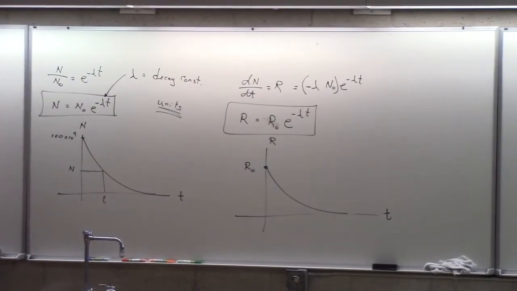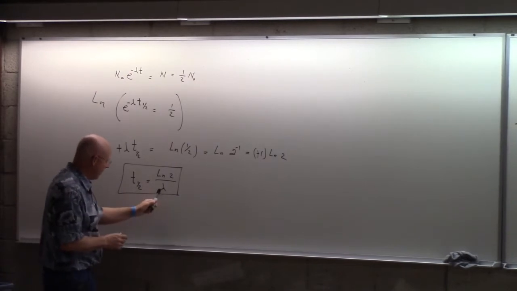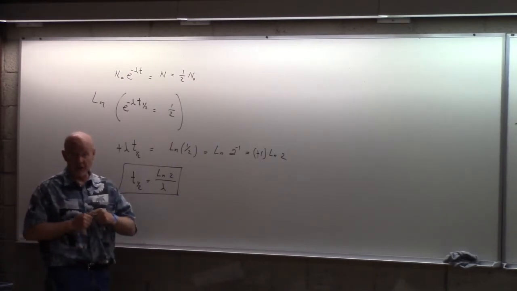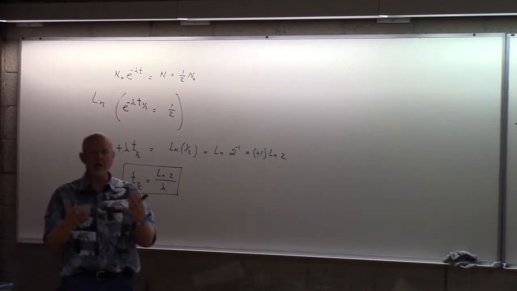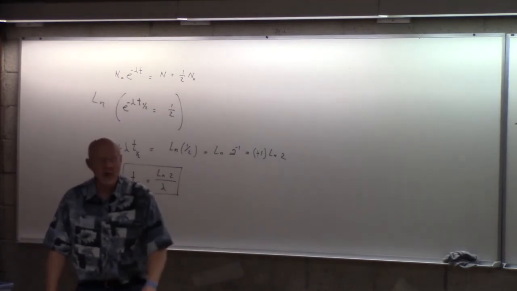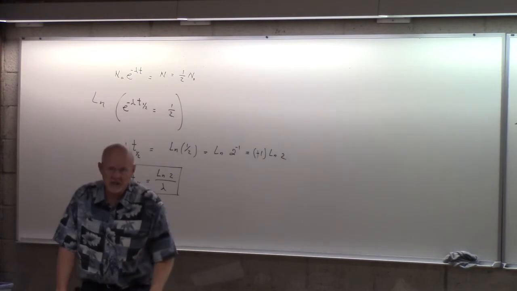And so I'm going to hopefully keep this here on the board and remind myself, okay, there is a mathematical connection between this lambda and the half-life. Because as you will see in the problems, you will be asked to solve these, and they'll talk about the half-life. They'll say, oh, the half-life of radium is, or the half-life of carbon-14 is, or the half-life of cobalt-60 is.